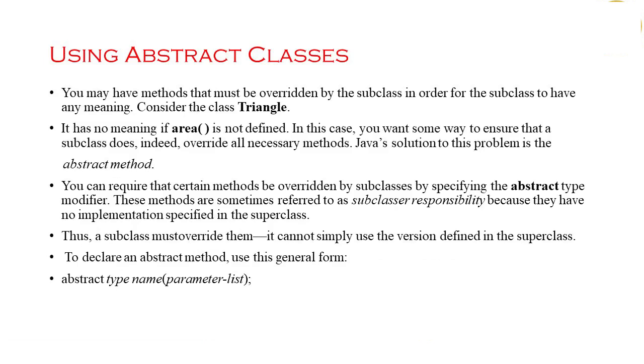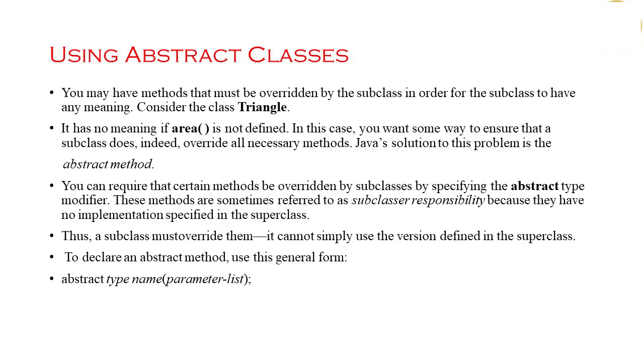Using abstract classes. You may have methods that must be overridden by the subclass in order for the subclass to have any meaning. Consider the class Triangle. It has no meaning if area is not defined. In this case, you want some way to ensure that a subclass does indeed override all necessary methods. So we go for an abstract method.